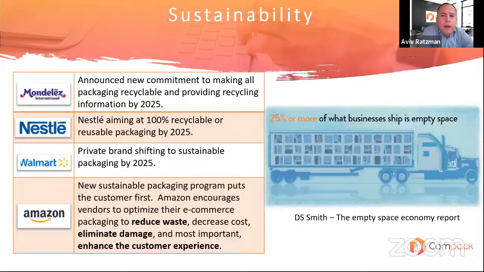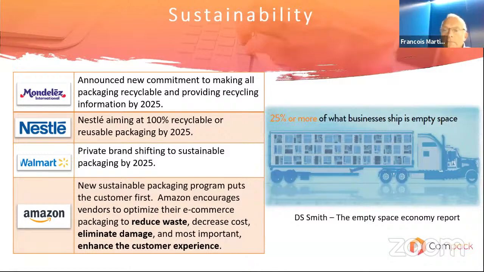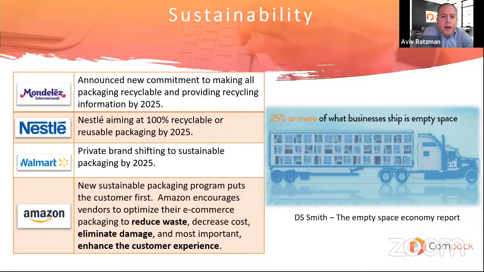We can see here, if we are looking at sustainability on the left side, that the big brands like Mondelez, Nestle, Walmart, and Amazon are pushing to change their behavior in terms of sustainability. They put a target for themselves, 2025, as a milestone to make a big change in their carbon footprint, and they are investing billions of dollars in order to improve it.